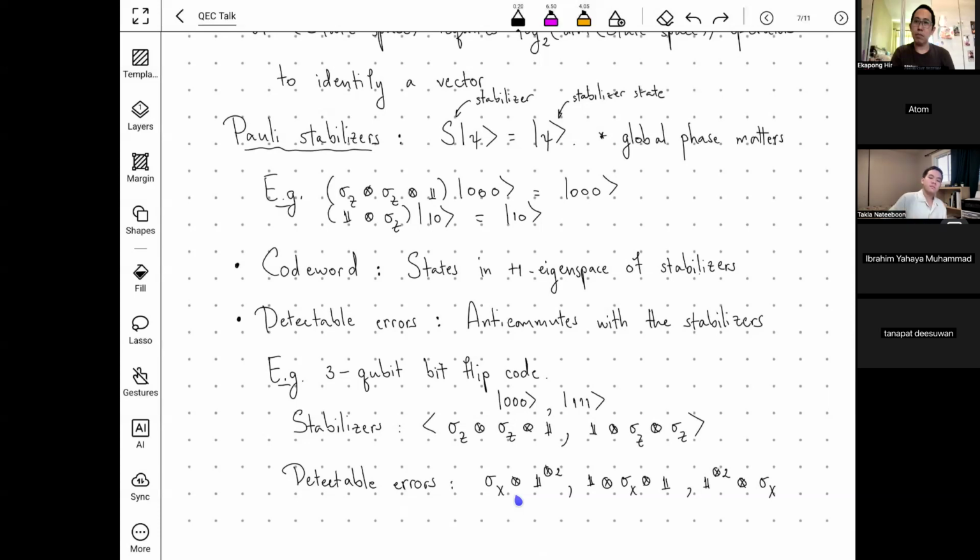That means that when you split the Hilbert space, what you'll be left with is a two-dimensional Hilbert space, which is spanned by these two vectors right here. Does it make sense?